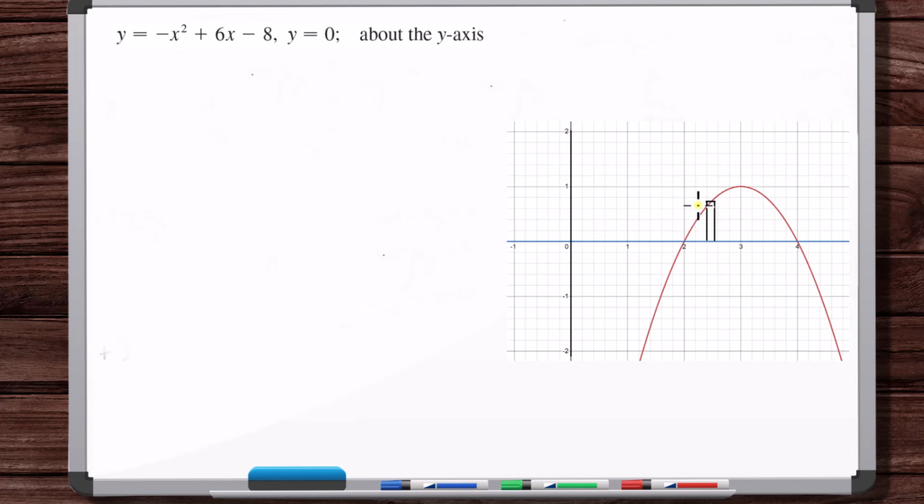In this case, we'll be using the cylindrical shell method, because when you revolve this rectangle about the y-axis, you get the cylindrical shell. But to get the height, we need to evaluate this function as a function of x. So we're getting y as a function of x, and this looks pretty simple. You just plug in x and you get the height y.